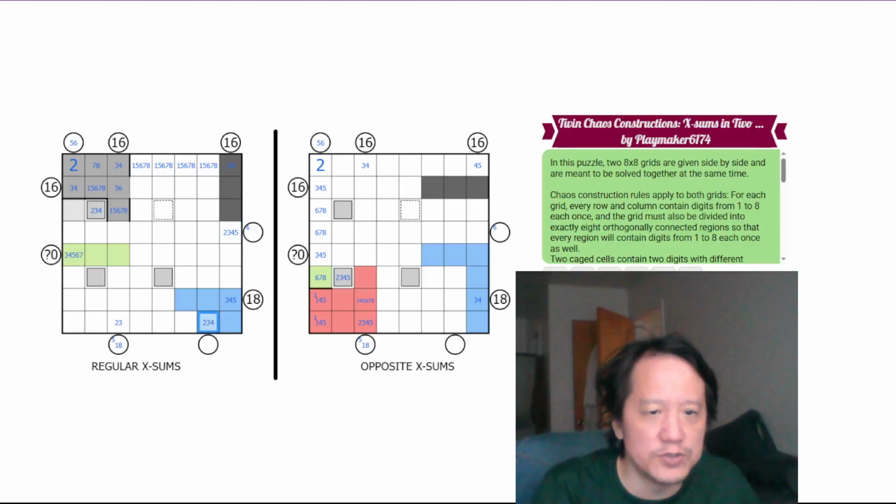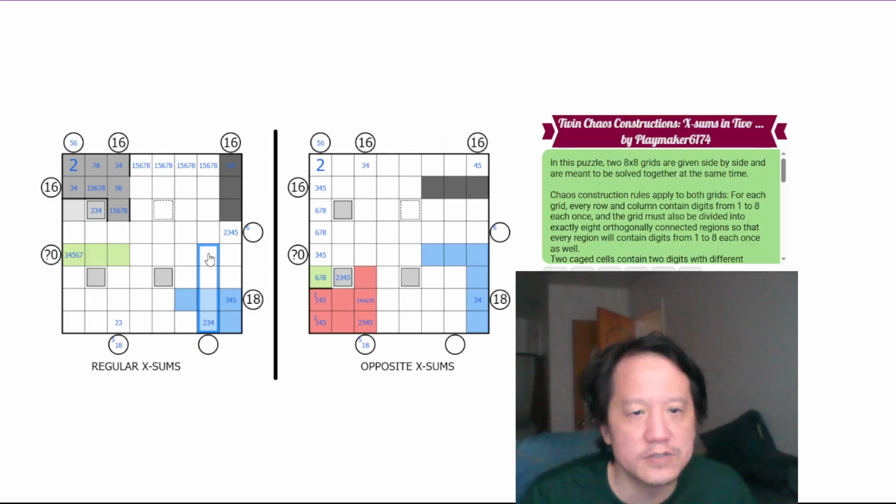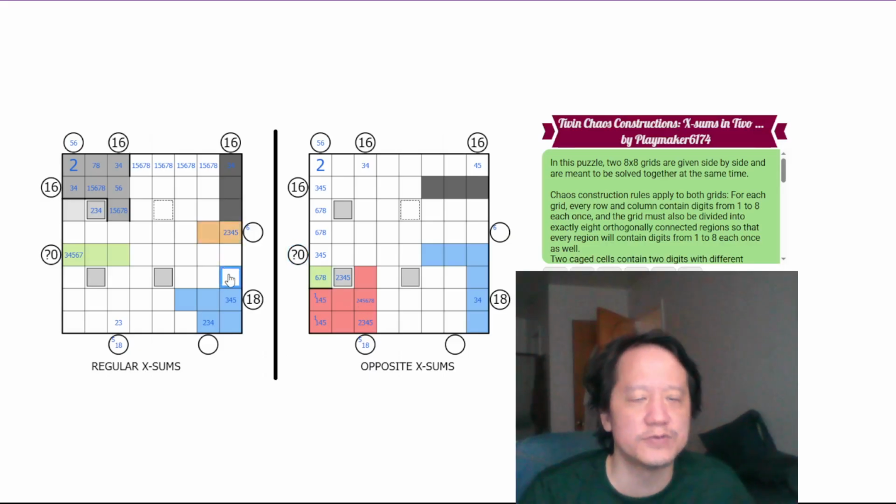So this has to be 2, 3, or 4 in size. Because again, cannot be here because that would block this from being part of the region. And that doesn't work. So this is definitely these 2 cells, at least as part of the same region.